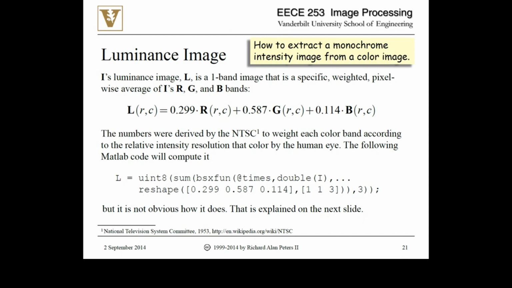Why do you think that is? Yes, it has to do with the eye, with how we perceive colors. We are more sensitive to green colors than to blue colors. Another question is, why are we more sensitive to green than blue?